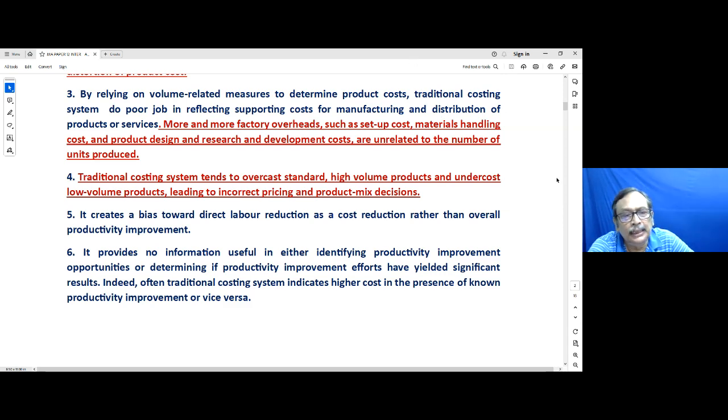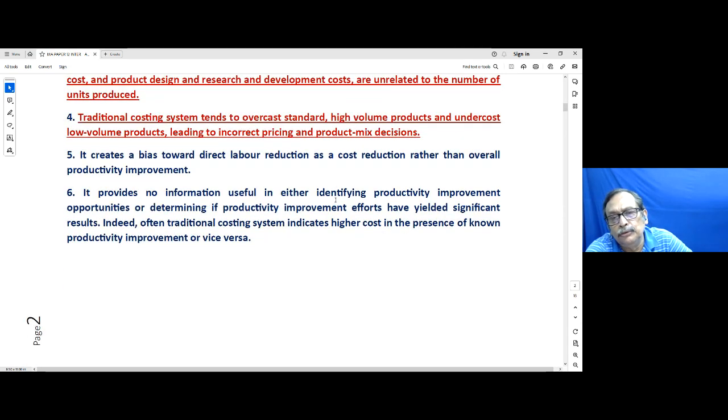Point number 6: it provides no information useful in either identifying productivity improvement opportunities or determining if productivity improvement efforts have yielded significant results. So often traditional costing system indicates higher cost in the presence of known productivity improvement or vice versa.